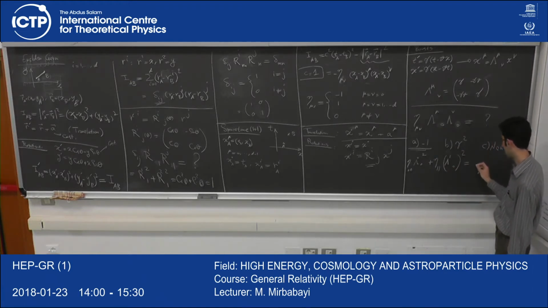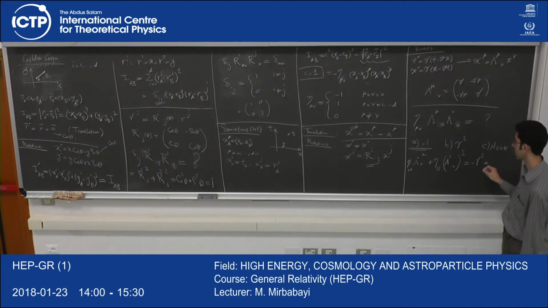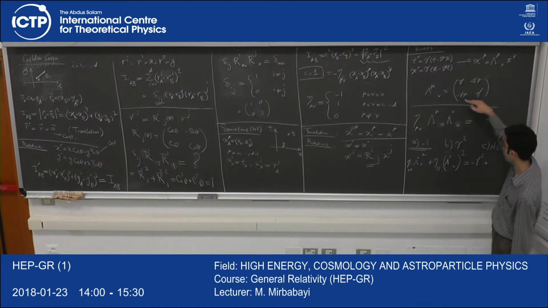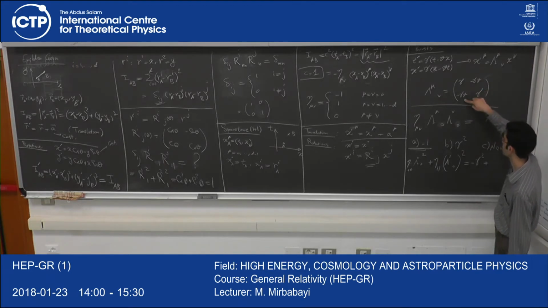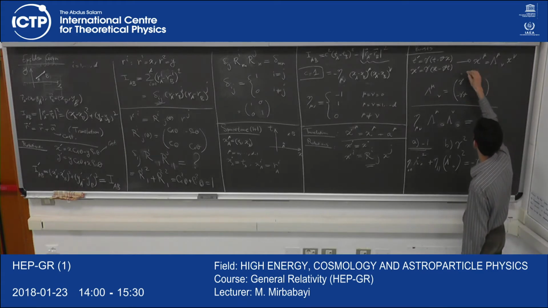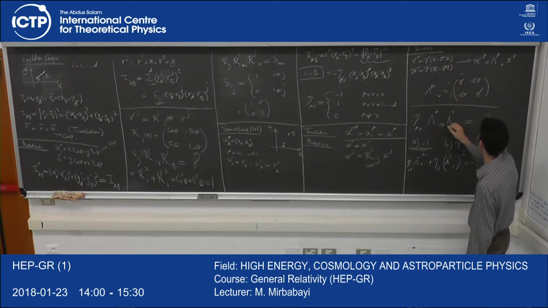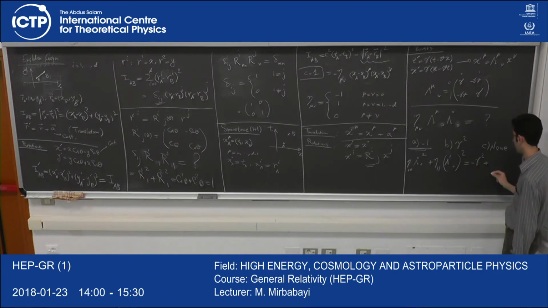This is minus gamma squared plus gamma squared v squared.